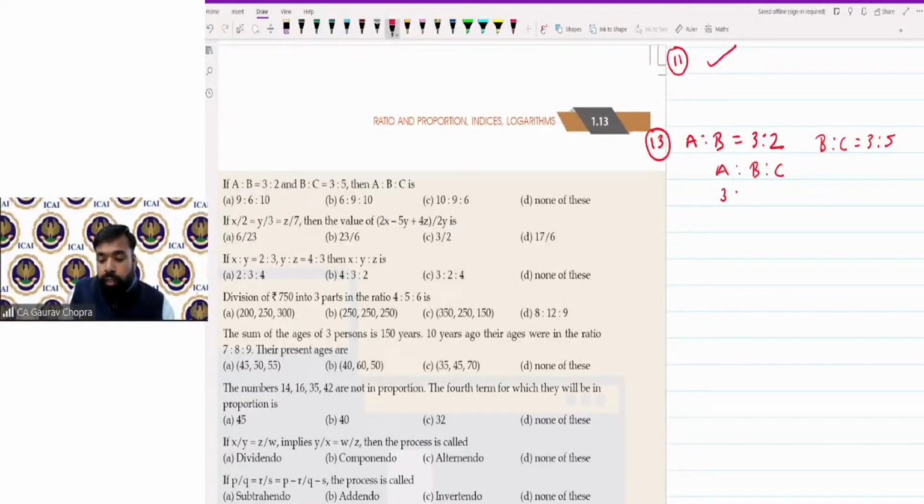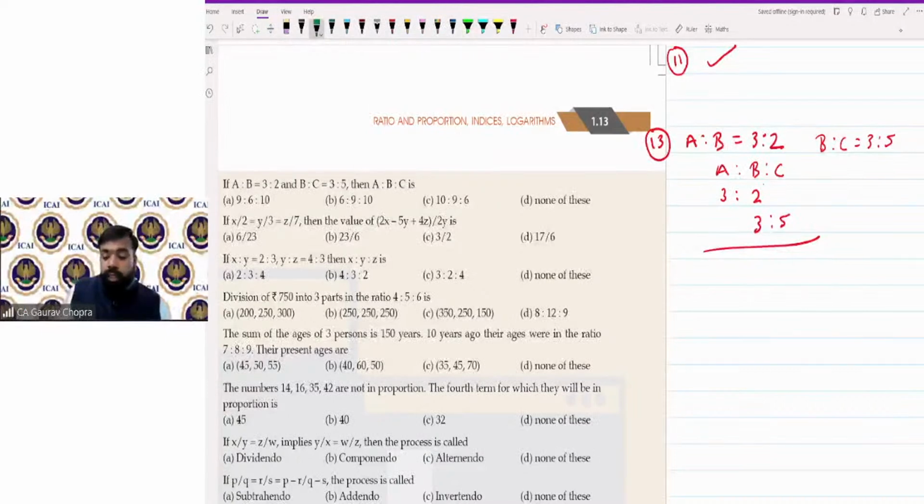So how to do that? 3:2 and then 3:5. So what is the way to solve this question? There is one common ratio which is in both the cases. That is A is compared with B and C is also compared with B. So B is having both the values 2 and then 3.